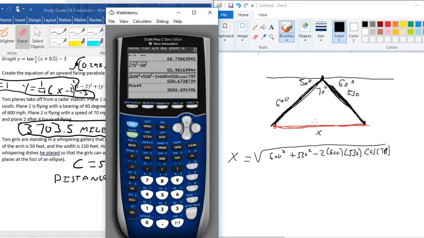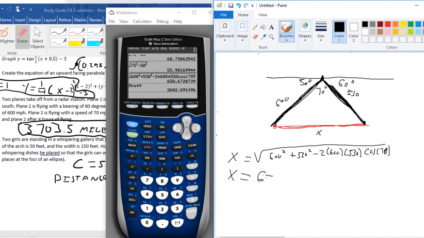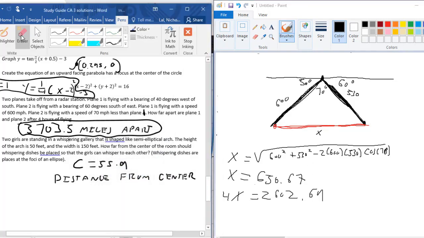So x is equal to 650.67. And then 4x, which is our distance after 4 hours, is going to be 2602.69. And so our actual answer for 22 is 2602.69.